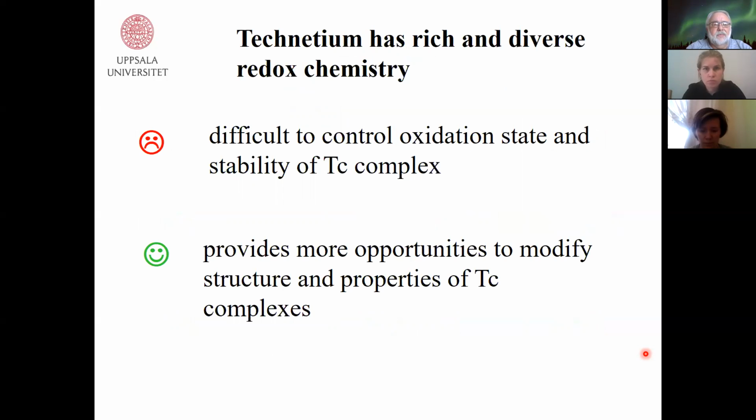So it's difficult to control or difficult to predict oxidation state and stability of technetium complex, because it depends on many subtle factors. But there is a bright side of it, that in principle it provides a lot of opportunity to modify structure and properties of technetium complex, and later on today we will a little bit discuss about these opportunities.